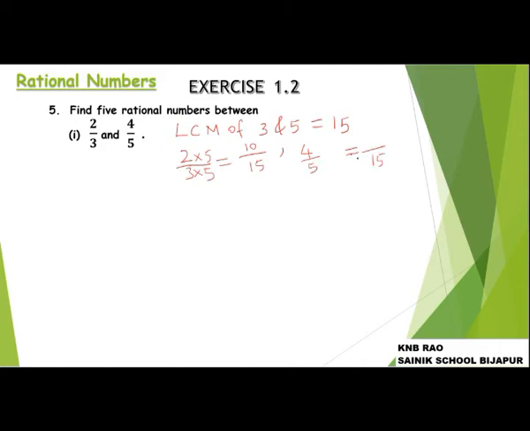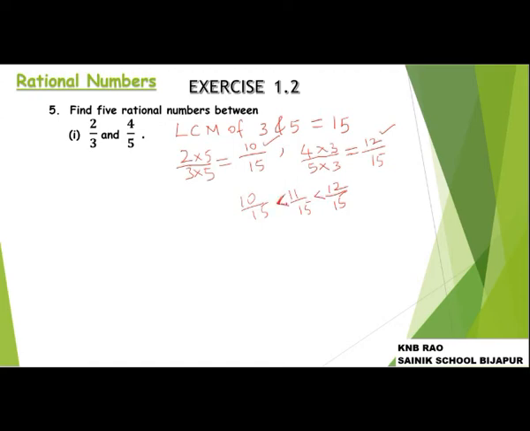So 5 in 15 for 3 times. That 3 should multiply even the numerator also. 4 3s are 12. So 4 by 5 can be written as 12 by 15. 2 by 3 can be written as 10 by 15. Now between 10 by 15 and 12 by 15, you could find only one number, that is 11 by 15.